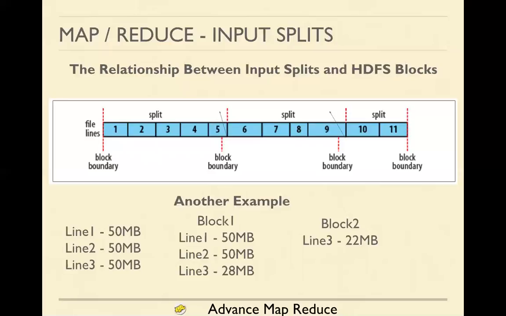So the optimal size is generally such that the input split is very similar in size to our data block, right? The processing of a zip file is very inefficient, that's not optimal.